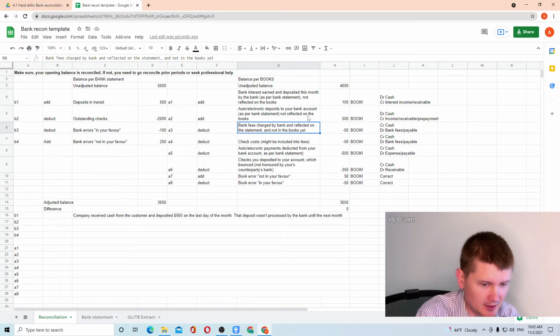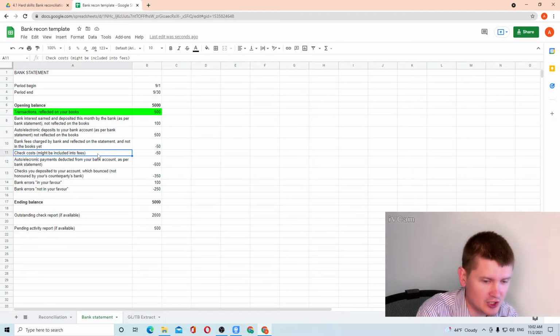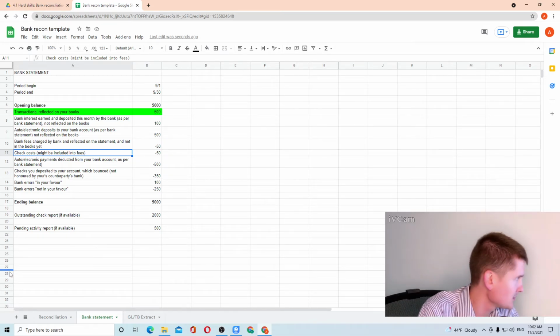Usually the bank charges fees somewhere in the middle of the month in order not to overcomplicate your month-end close, but sometimes you can notice it only closer to the month end. It will be listed on your statement, bank fees and any check related costs like a check issuance cost or something like that, various types of commissions. That might be one line analysis fee or something like that, or it might be several separate lines.